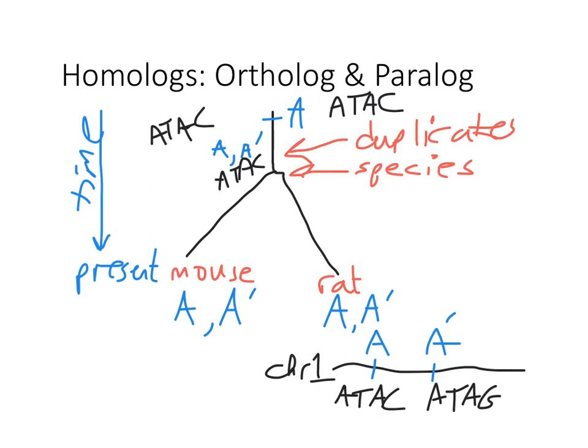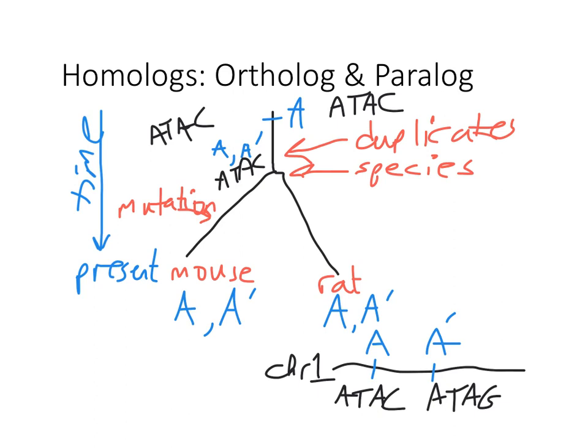So let's say the mouse has a different mutation that happens to it. This happens, just inventing things. And let's say that mutation is to the first nucleotide.